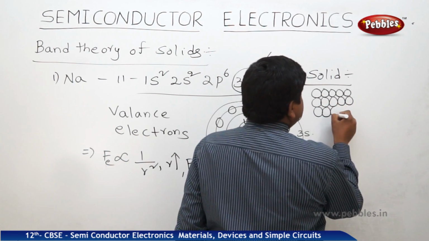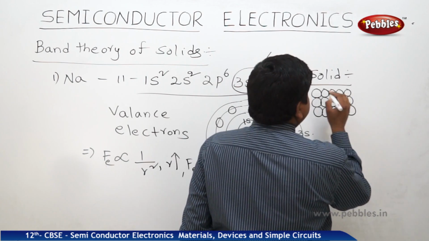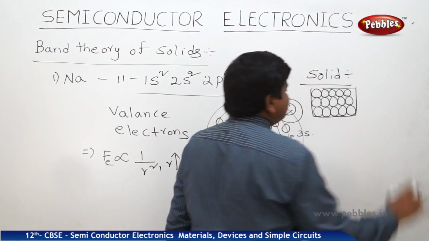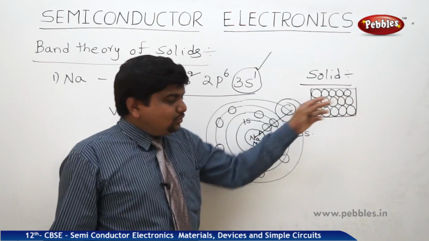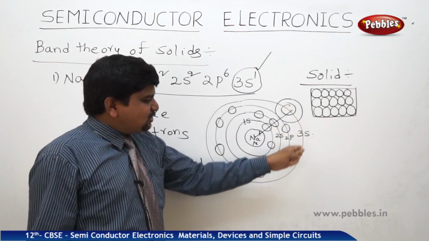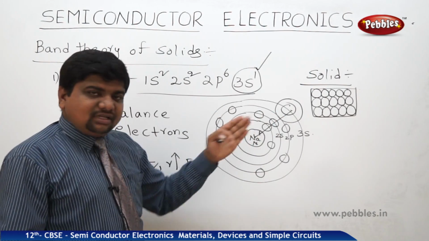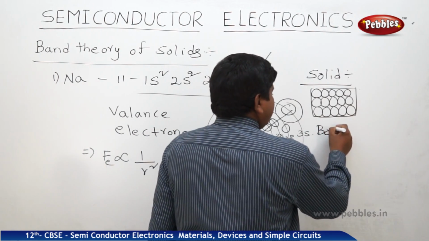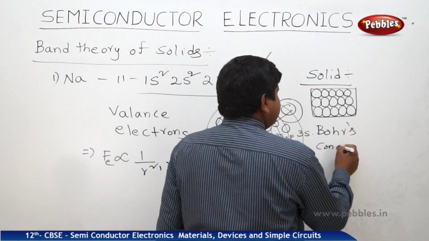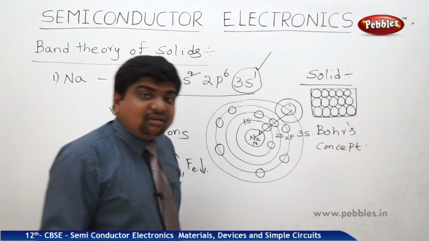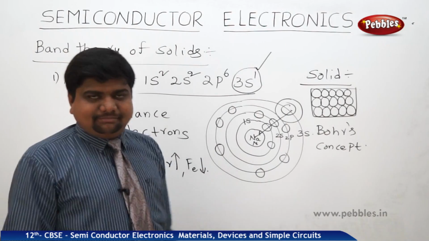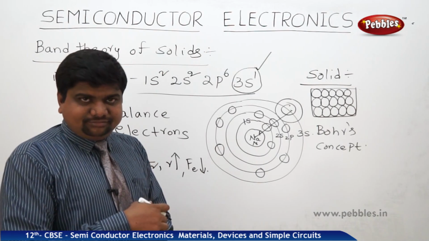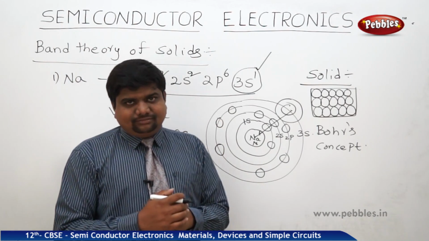We will see some 3 layers. Suppose this is the solid state. The electrons are in orbits, and there is no such expansion for these orbits. These orbits also overlap each other, because according to Bohr's concept, these orbitals are said to be energy levels. So these energy levels overlap on each other, because this is a solid.